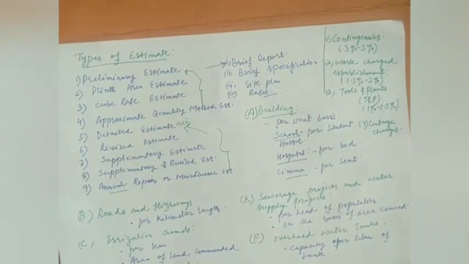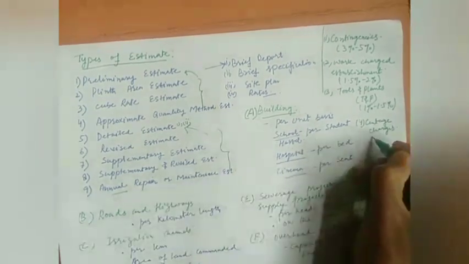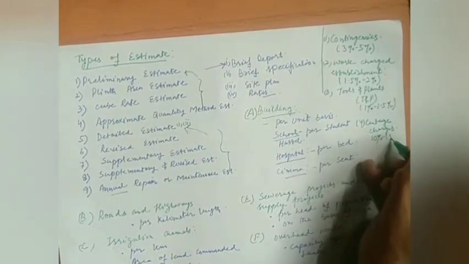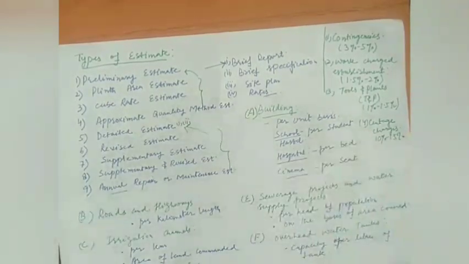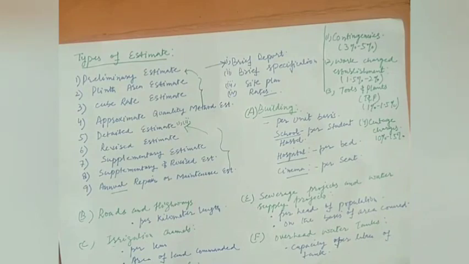Sometimes the engineering department takes up the work of another department, and then a percentage of about 10 to 15% of the total estimated cost is charged to meet the expenses of the establishment, designing, planning, supervision, etc. And this percentage is known as the centage charges.